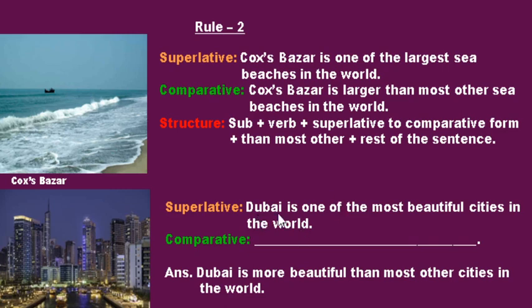Here Dubai is most beautiful: beautiful, more beautiful, most beautiful. So the comparative form is more beautiful. You have to use Dubai is, then the comparative form more beautiful. Here one of the, so you have to use then most other cities in the world.